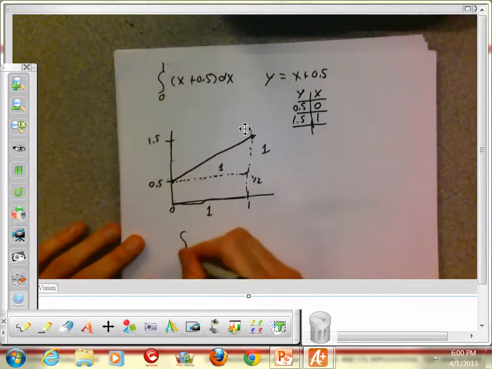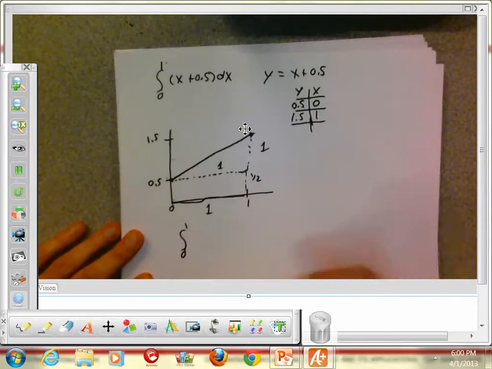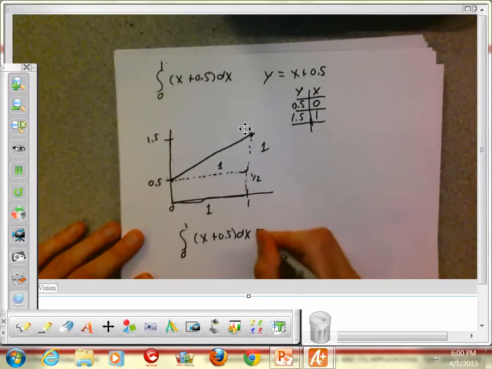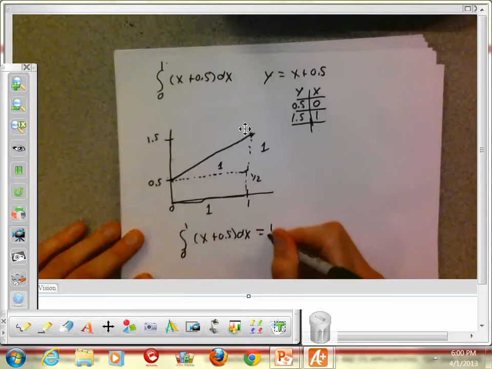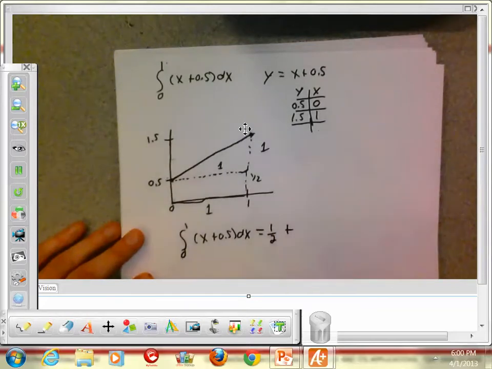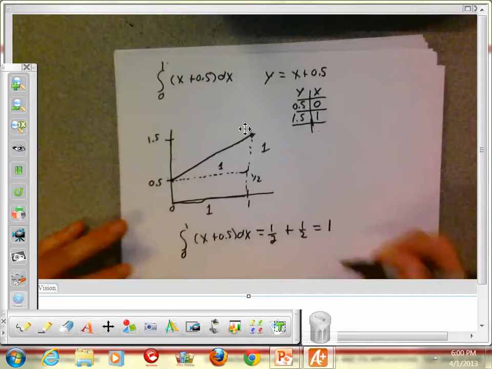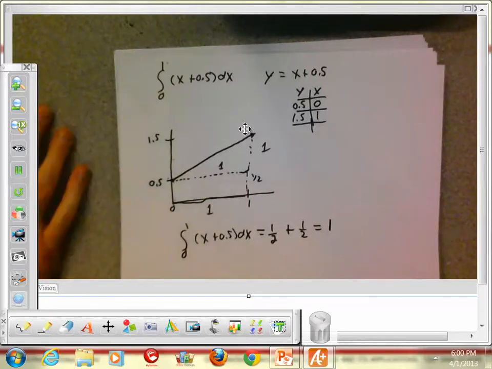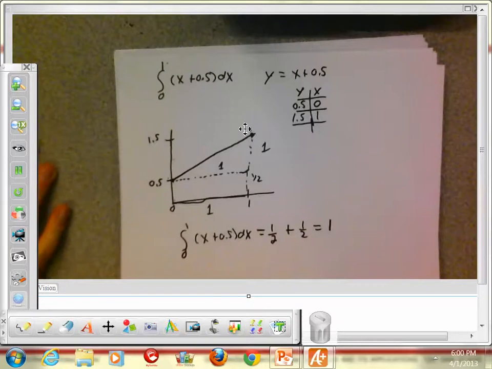So the integral from 0 to 1 of x plus 0.5 dx is going to be equal to the area of this triangle, which is 1/2, plus the area of this rectangle, which is also 1/2, which is going to be equal to 1. Okay? Any questions on that?